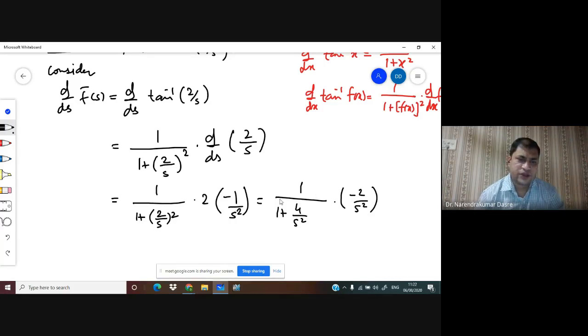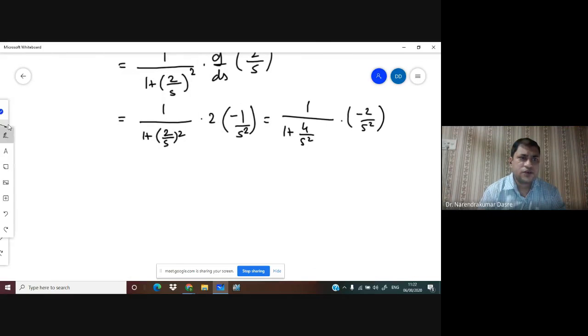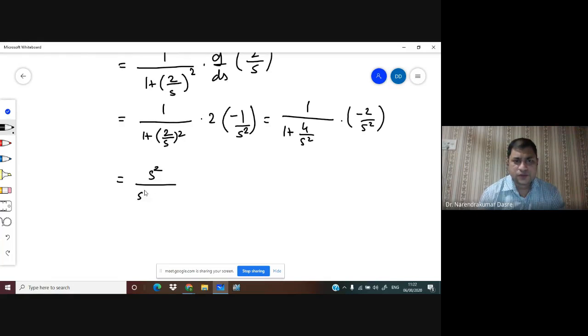So this s square we can take in the numerator, and then we have s square upon s square plus 4, and here we have minus 2 upon s square.